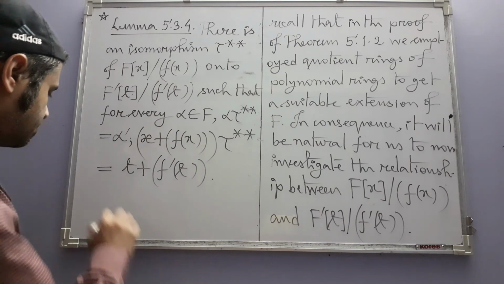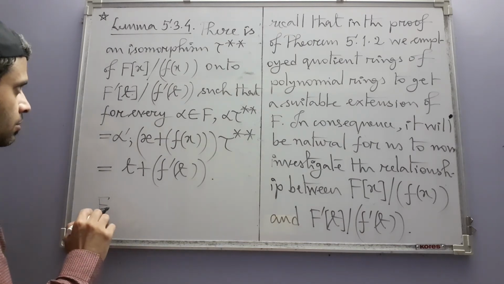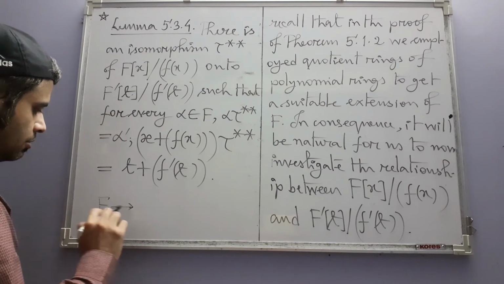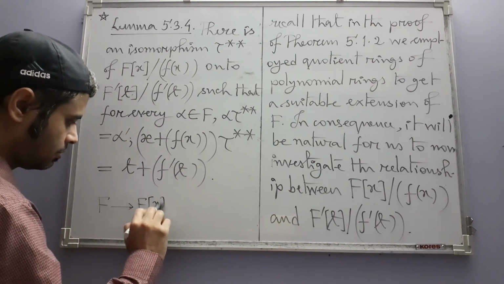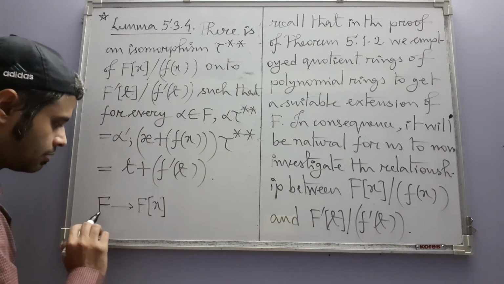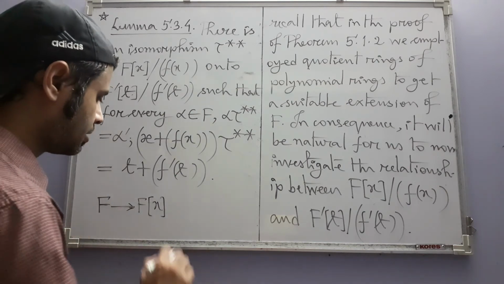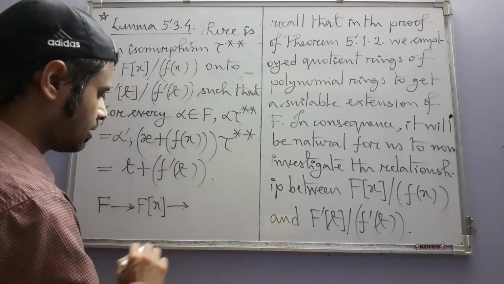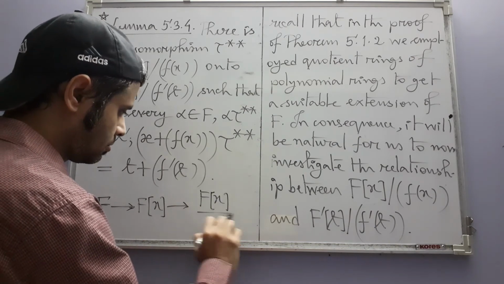You see, you have these two transitions, right? You can move from this field into this larger system, the polynomial ring over that field, and then you can consider something else, this quotient.